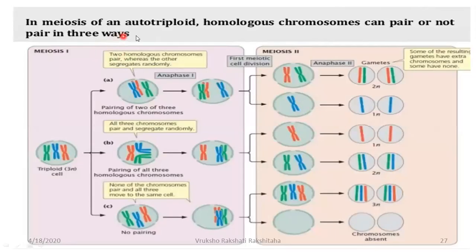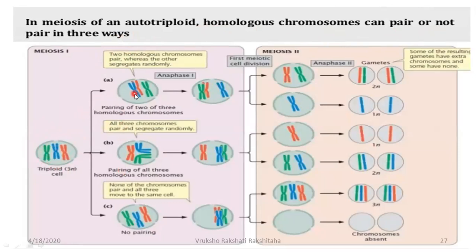In meiosis of an autotriploid, the homologous chromosomes can pair or not pair in 3 different ways. This is a triploid cell. Pairing can take place in 3 different methods.